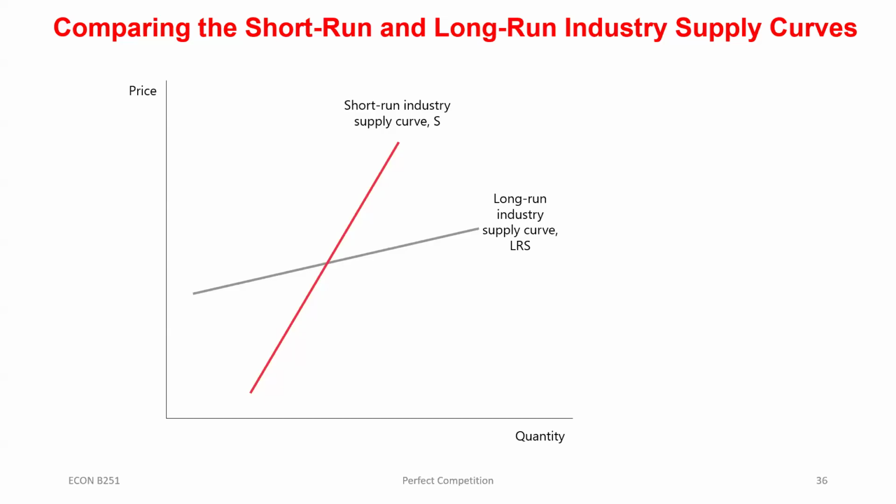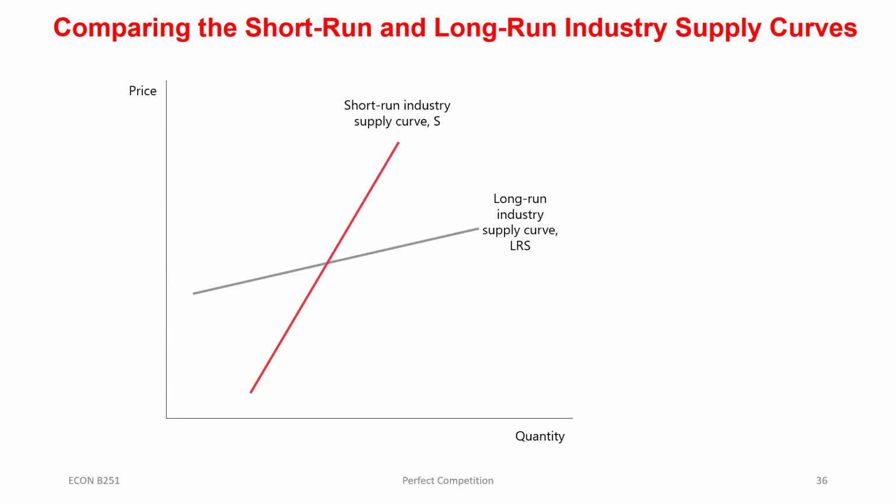So if I can be more responsive in the long run, my supply curve is going to be more elastic, which would be flat, right? I can respond more to changes in that market price in the long run compared to the short run. Okay. So as we have more time, we can be more responsive. Our long run supply curve is going to be more elastic or flat.